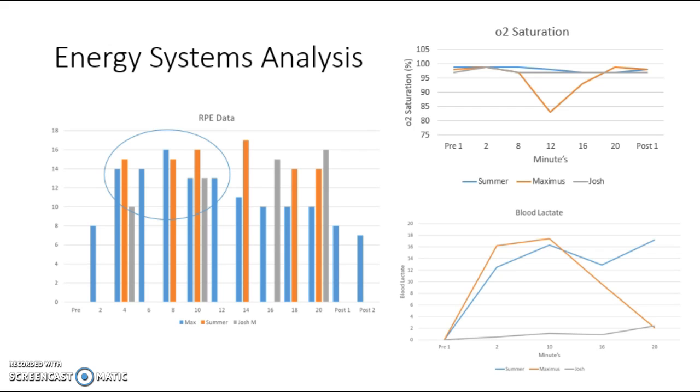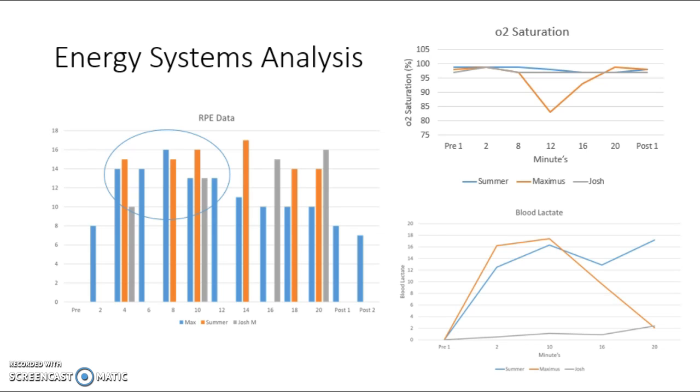However, for blood lactate, it shows us that there will be a small increase, but it will remain at a low level. From our results, we can see that this did not happen for Max. This was because he was working too hard, therefore his lactate levels were too high. We can also see this was the case from his RPE levels being too high during the exercise.